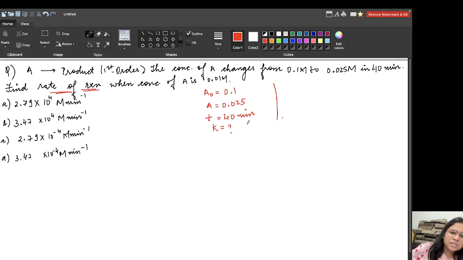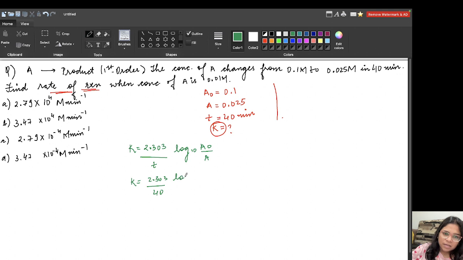Okay, this is easy. Just find K from all these values given. Apply direct formula. We know K equal to 2.303 by T log base 10 A naught by A, right? K equal to 2.303 by 40 log base 10 0.1 upon 0.025, and this one will be 4.